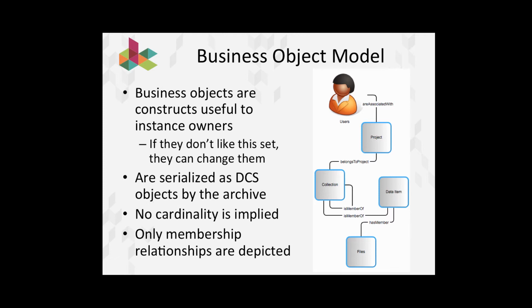Basically, the business model associates people with projects, projects with data collections with data items, and data items with files. Moreover, the model allows for a variety of relationships between these kinds of objects. For example, a common relationship would be that one file is metadata for a data item, or perhaps that file is metadata for an entire collection or project.